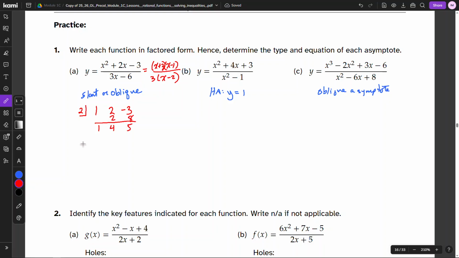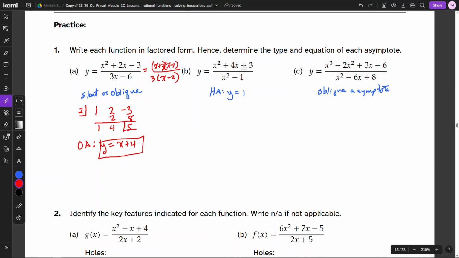And so I know that my slant asymptote or my oblique asymptote, and I have to write it as an equation, right? That equation is going to be y equals x plus 4. Right, no A is good for oblique asymptote.